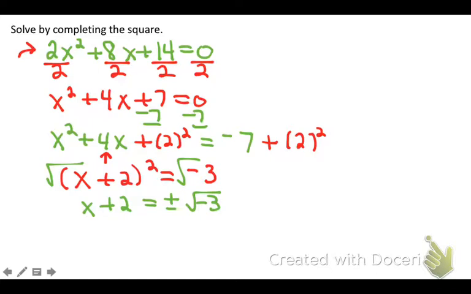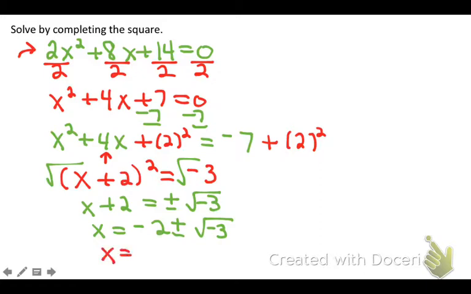Recall what we learned about imaginary numbers because we have that negative under the radical. So after we subtract 2 from both sides, x equals -2 plus or minus, that square root of -1 is actually an i.